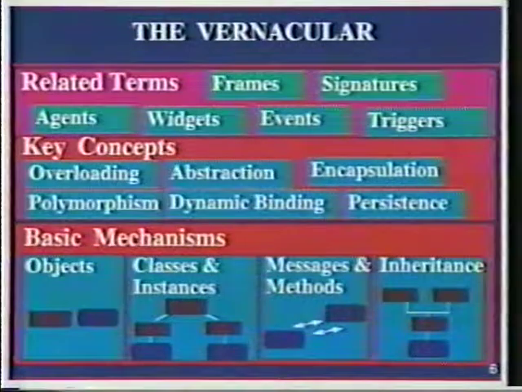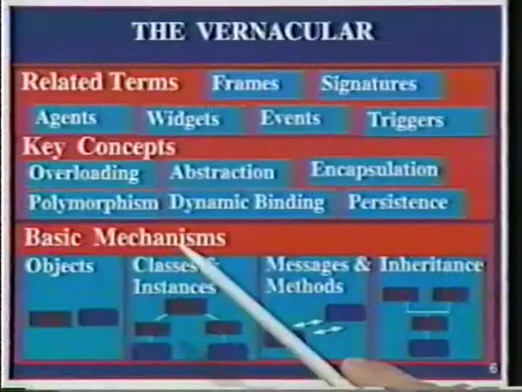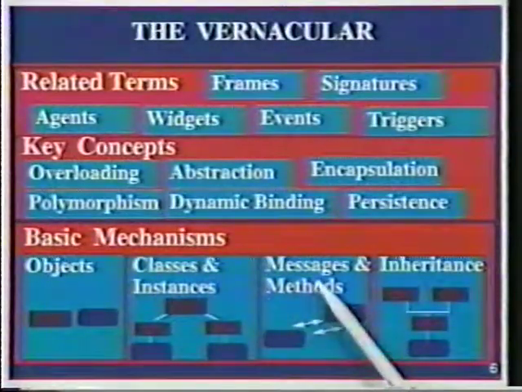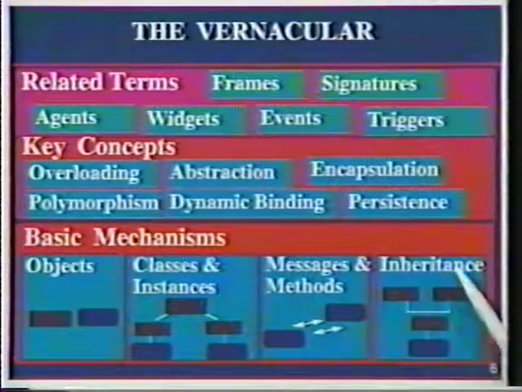There are 4 basic mechanisms that a system should have to claim to be object-oriented. These 4 mechanisms are defining objects, forming taxonomies, sending messages and methods between objects, and implementing inheritance.